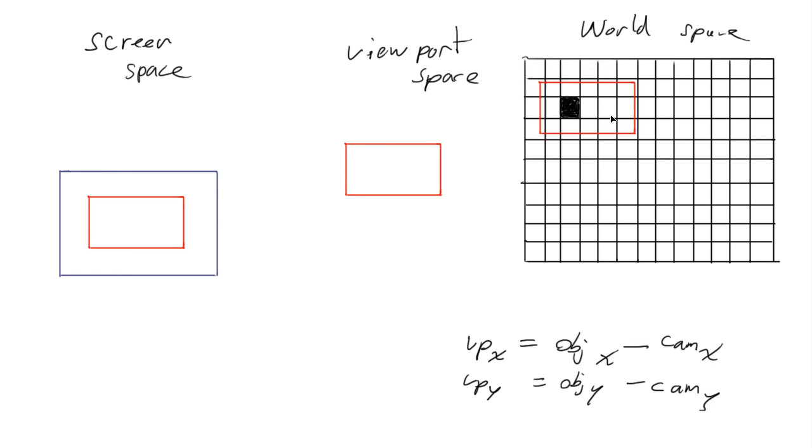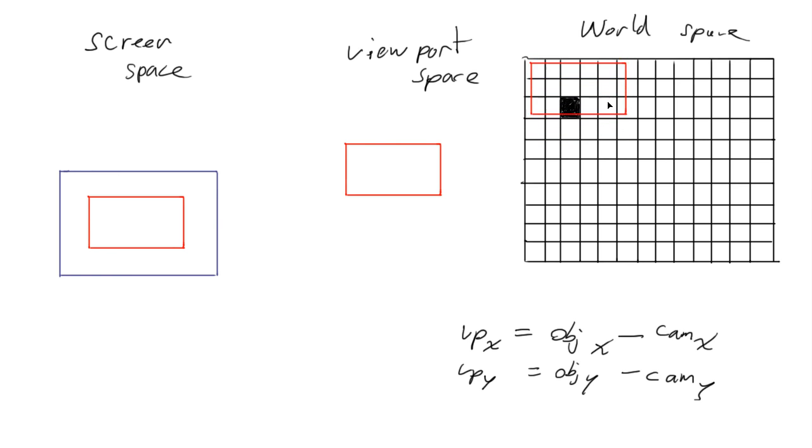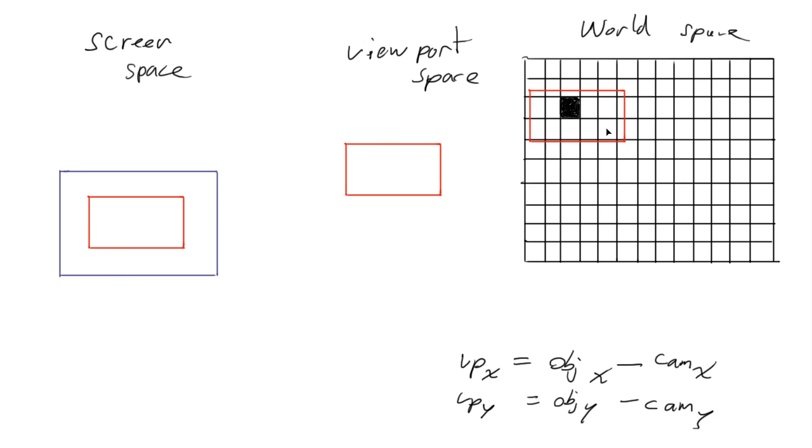Camera moves down, stuff moves up. So a bigger value of camera Y equals a smaller value of object in viewport. So we're obviously subtracting the camera's coordinate from the object's world coordinate to give us our object viewport coordinate. So you do that, you get your coordinates of your thing in your viewport.